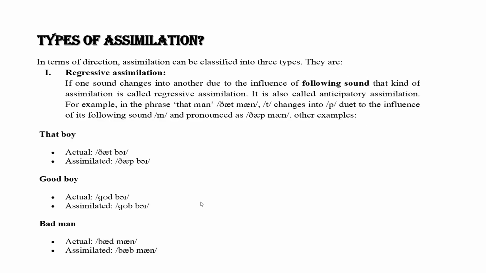So, types of assimilation. What are the different types of assimilation? Assimilation can be classified into different types. In terms of direction, assimilation can be classified into three types, and they are: one is regressive assimilation.